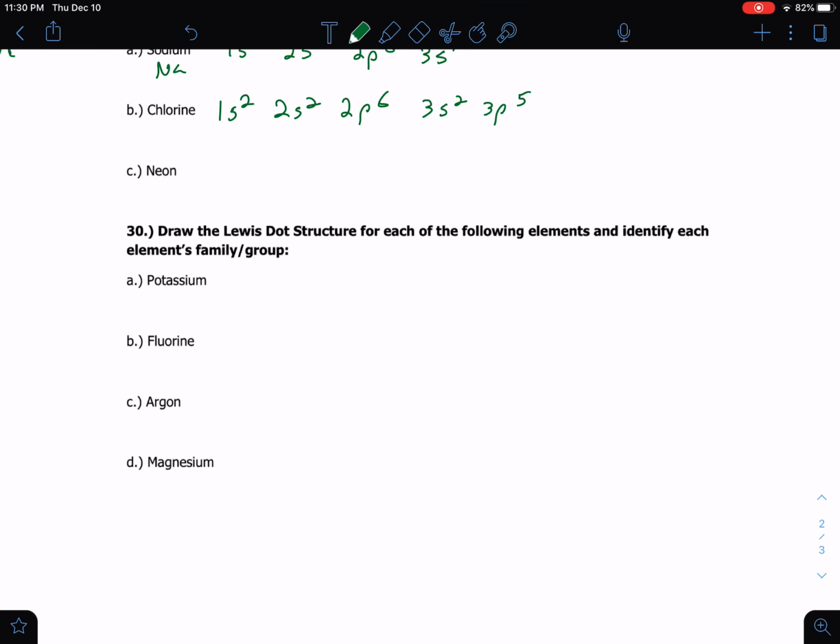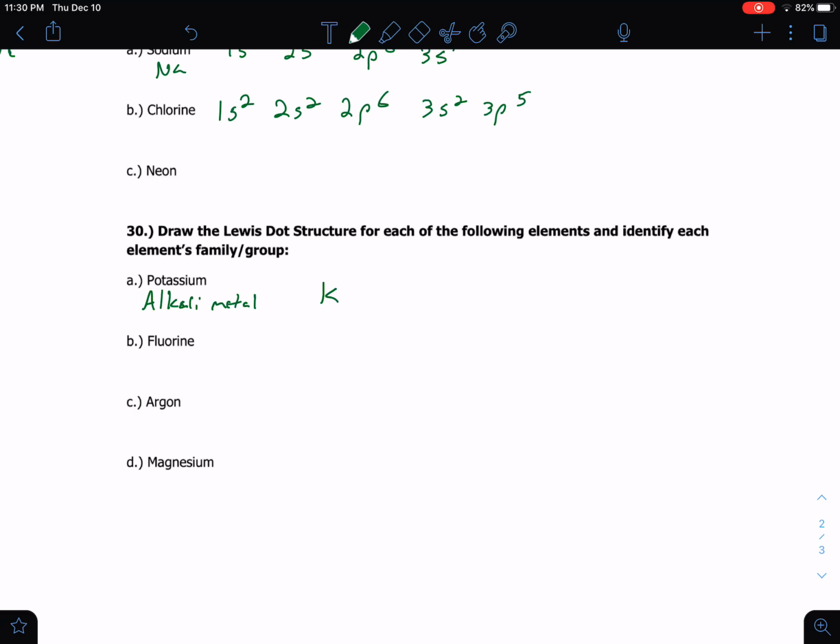Draw the Lewis dot structure for each of the following elements and identify each element's family or group. Potassium is going to be an alkali metal. To do Lewis dot structure, you're going to draw your symbol, which is K, and look at the top of the group.